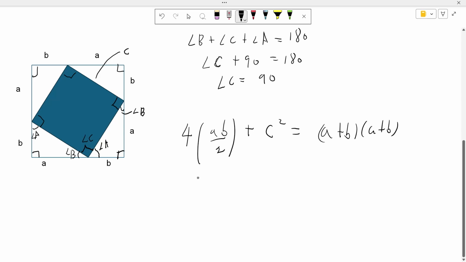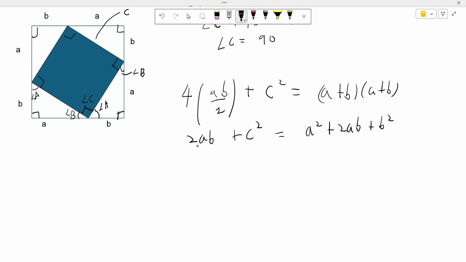Now let's just expand this. You get 2ab plus c squared equals a squared plus 2ab plus b squared. Now notice that 2ab's here are on both sides, so we can simply cancel it, just get rid of it like this, and we are left with the Pythagorean theorem.